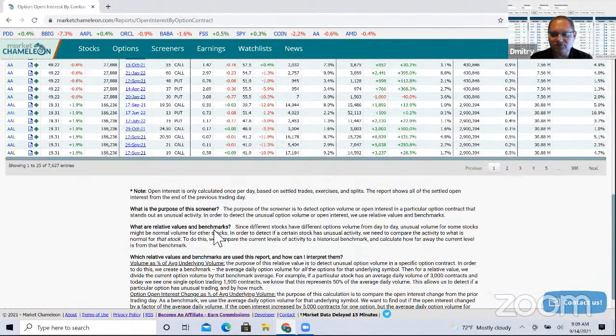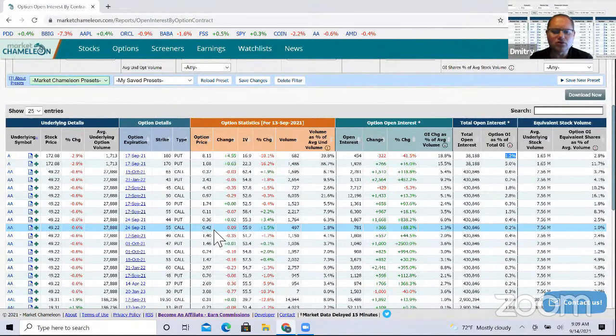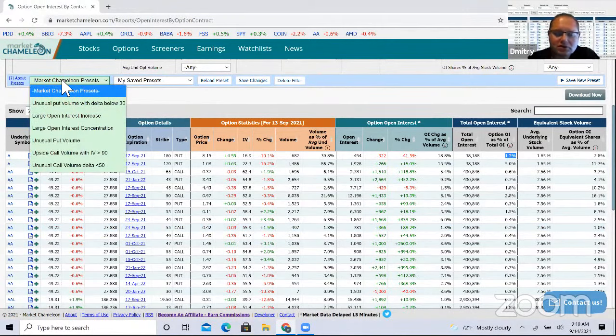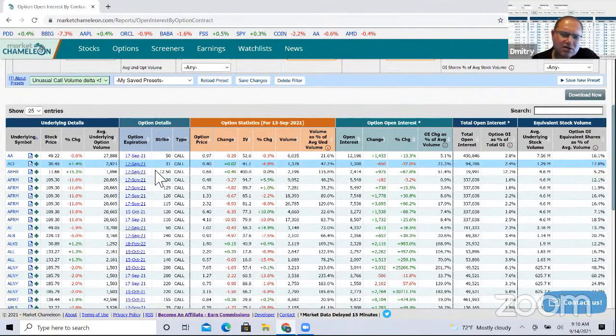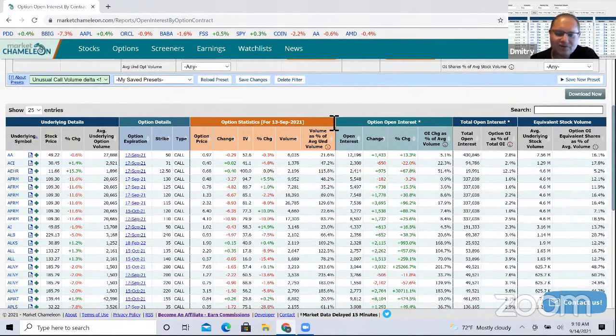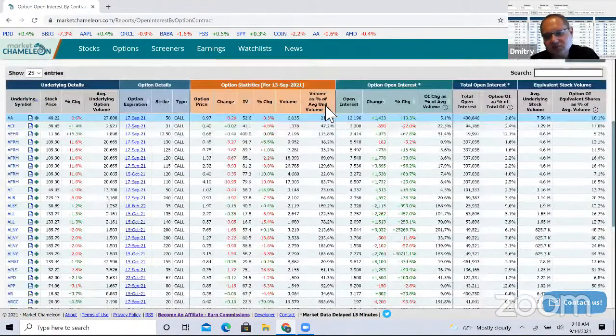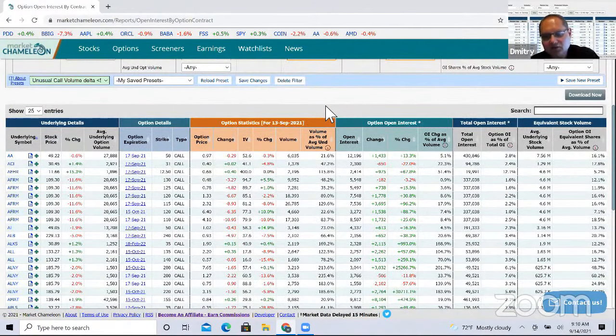So let's use one of the filters and see what we're trying to filter out here. Under the presets, let's look for unusual call volume with a delta of 50 or less. These are at the money and out of the money. The reason I use 50 or less is because when you see big volume in the money, it might not be unusual.